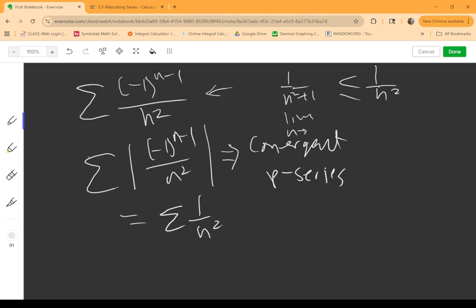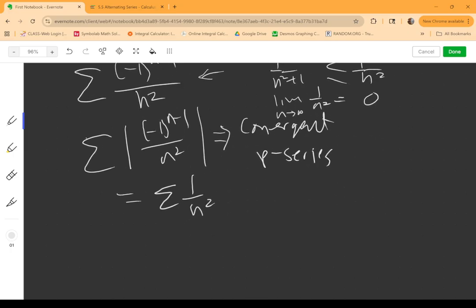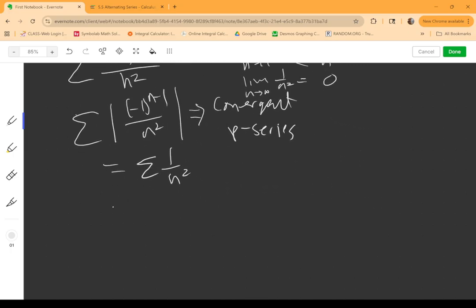And the limit as n goes to infinity of 1 over n squared is 0. So the alternating series also converges. The absolute value converges, so we could say that the series (-1)^(n+1) over n squared is absolutely convergent.